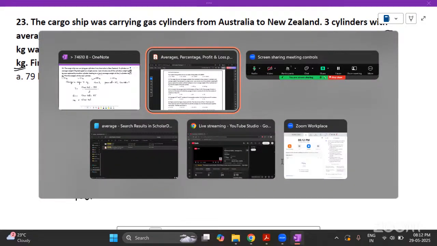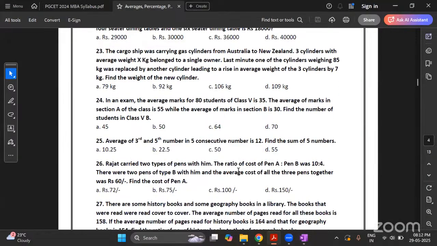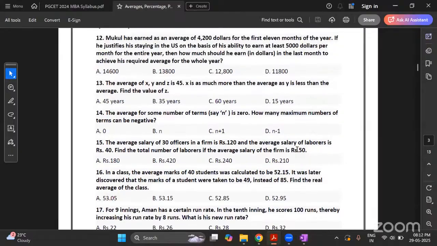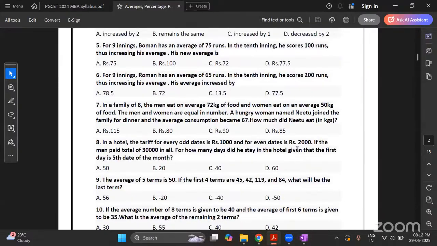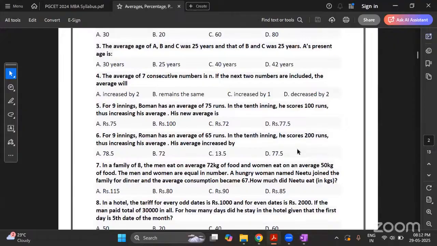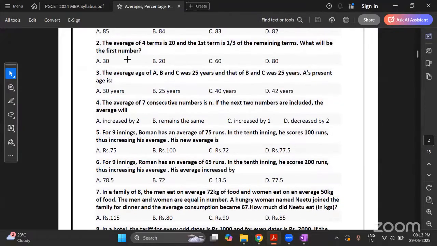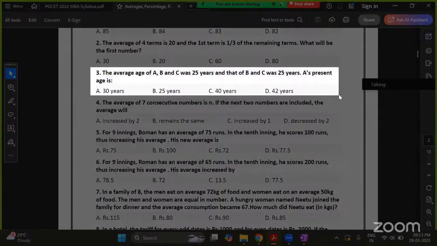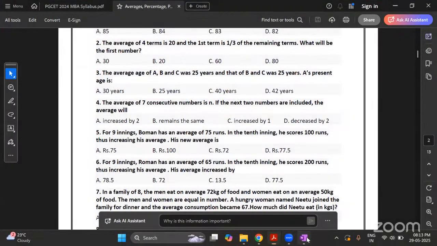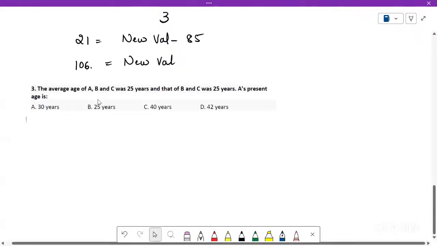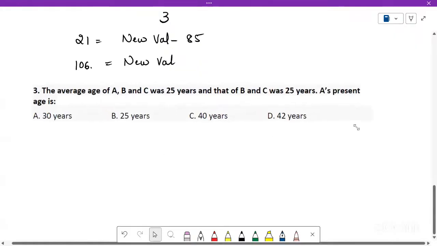We'll see a few more problems based on this. For this question, if you have understood the concept now, you can solve it without any calculations.